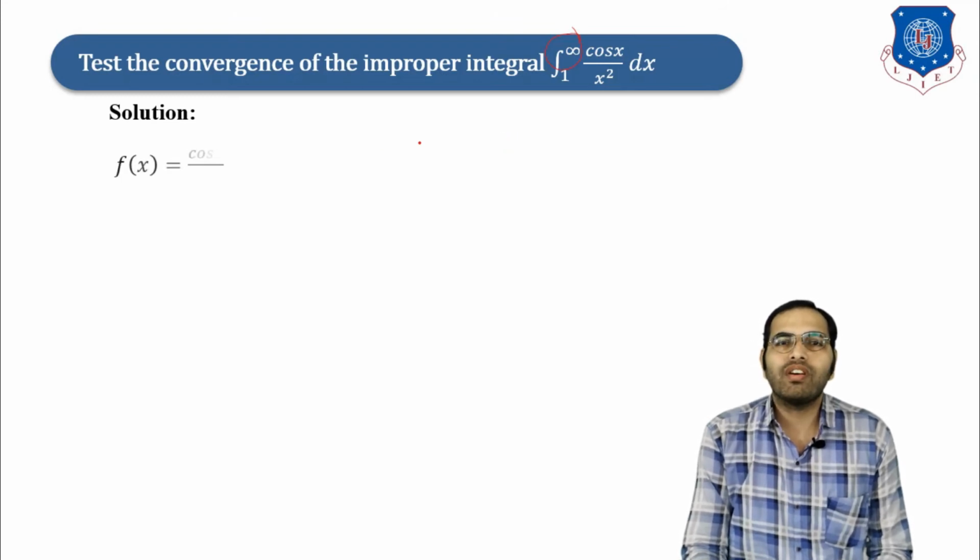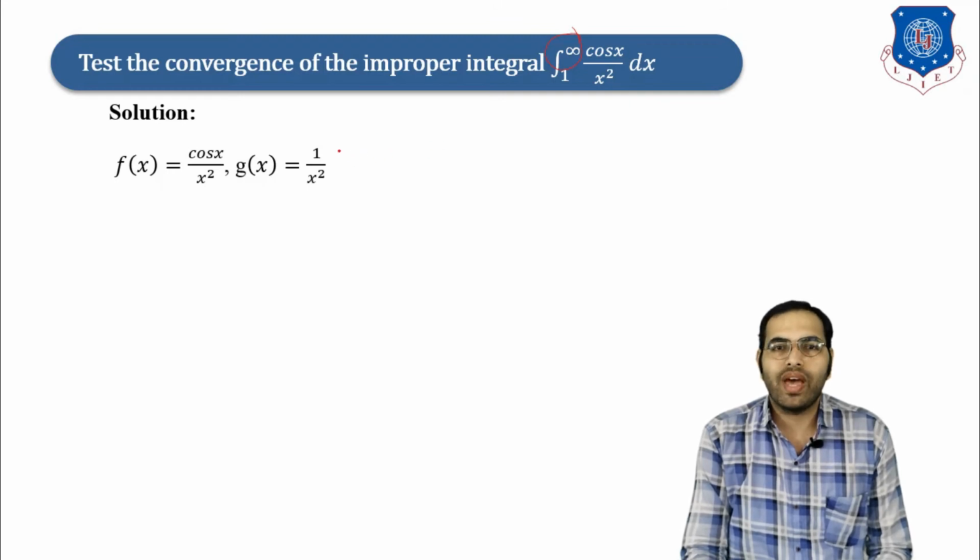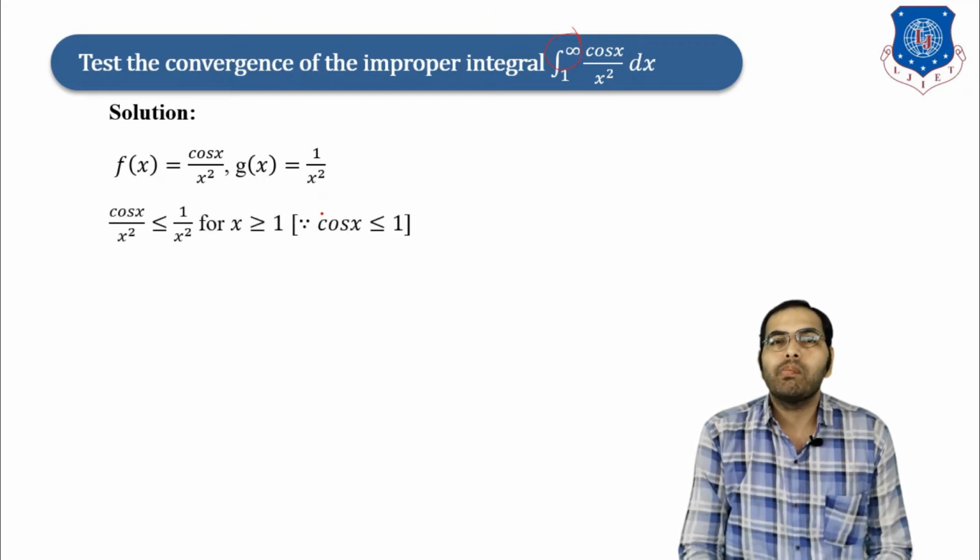Here f of x equals cos x upon x square and g of x equals 1 upon x square. You are all aware that the values of cos x lie between minus 1 and 1, meaning the maximum value of cos x is 1, so the value of cos x is less than or equal to 1.